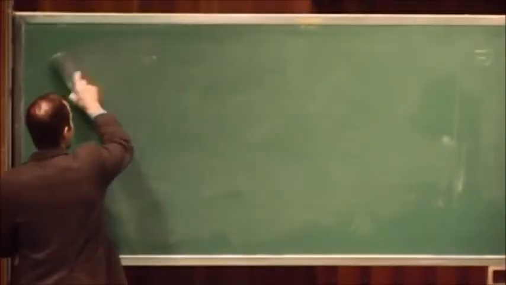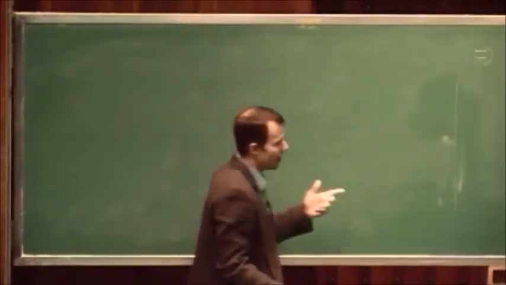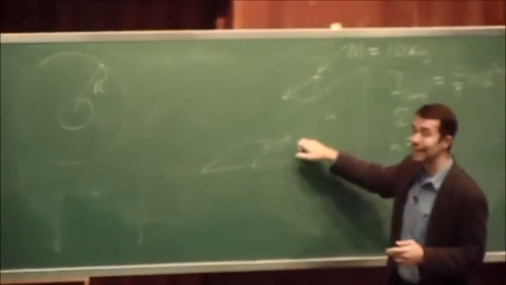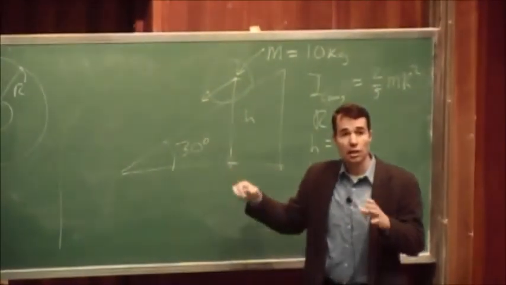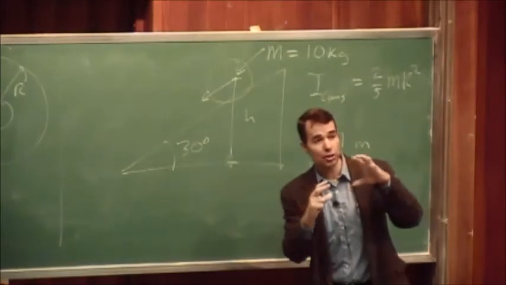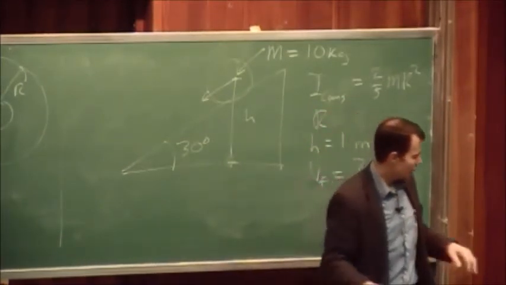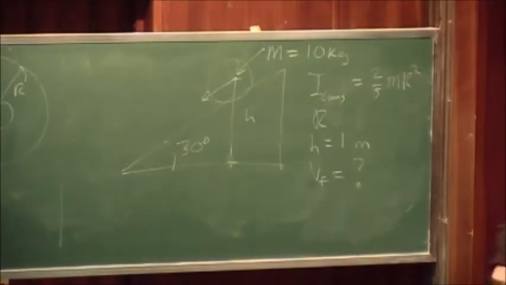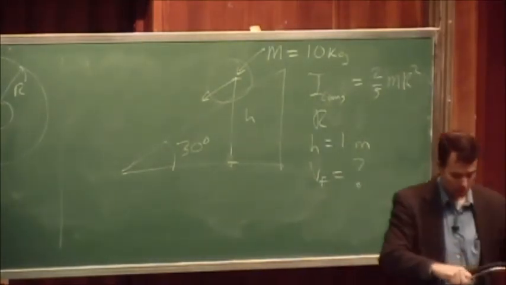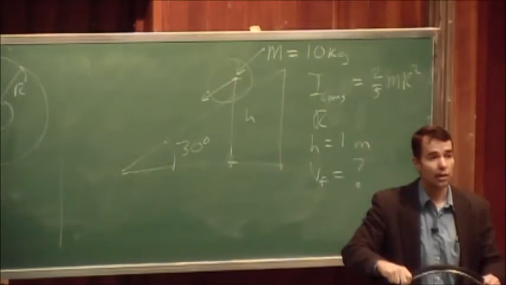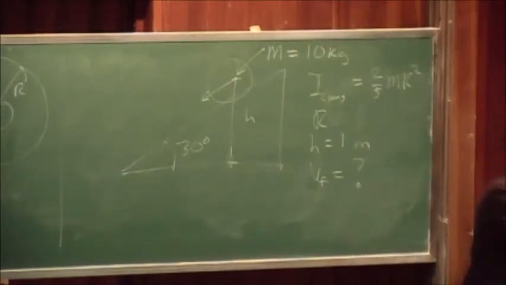First of all, is there any energy lost into the contact of the rolling ball with the plane? In other words, is there sliding motion that would cause heat? Sliding causes heat, but rolling doesn't.